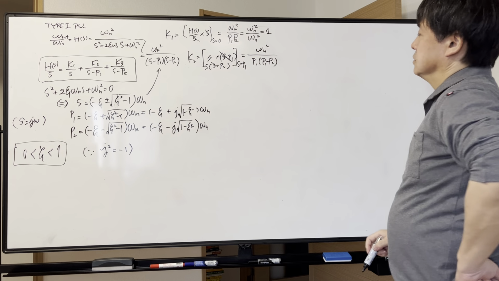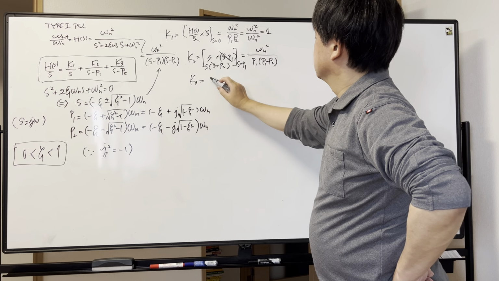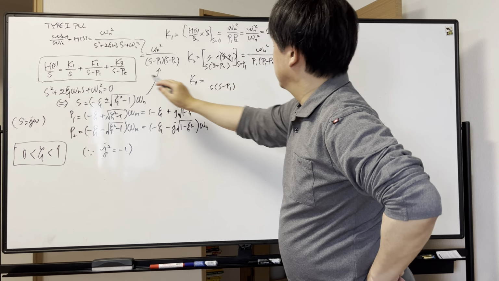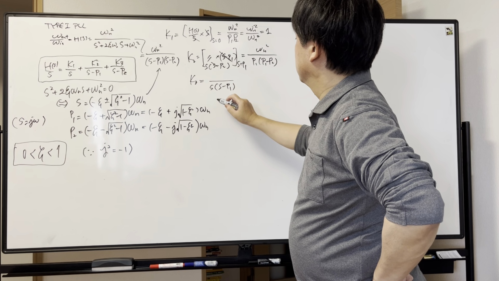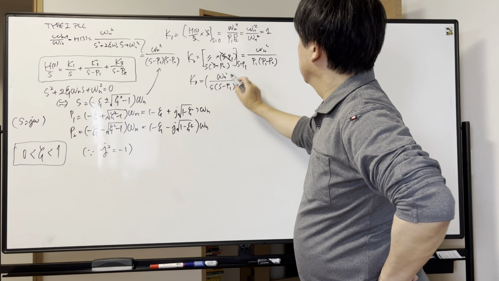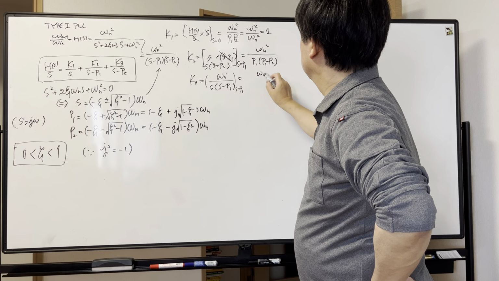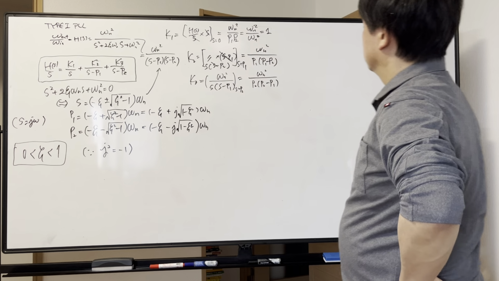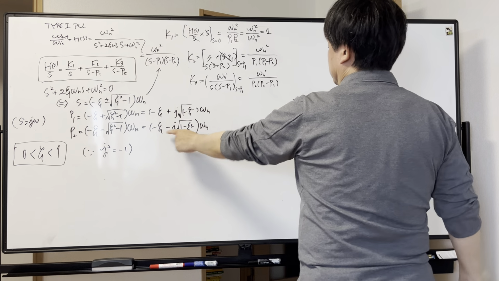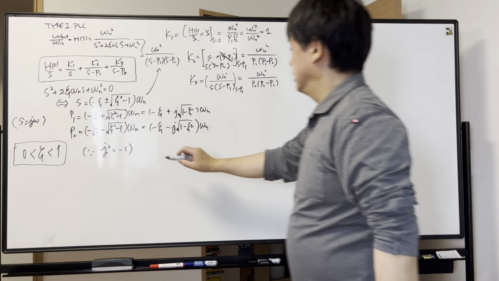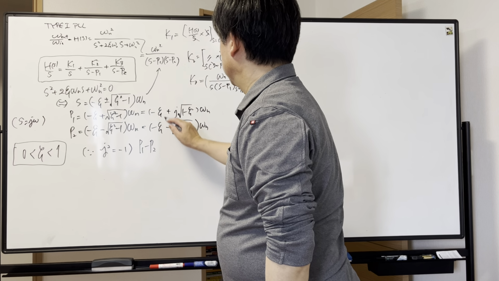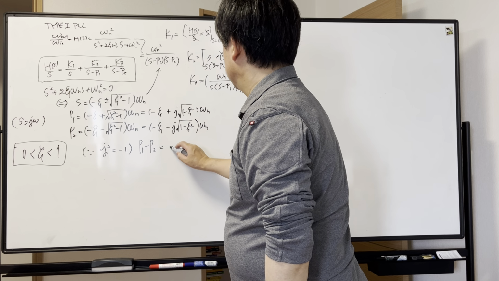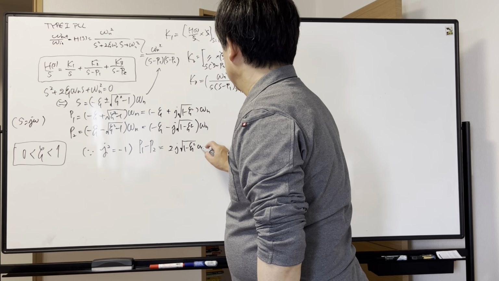K3 likewise: s minus p2 is applied, and we evaluate at s equal to p2, which is omega n squared over p2 times p2 minus p1. The difference of these is 2j square root of 1 minus zeta squared omega n.